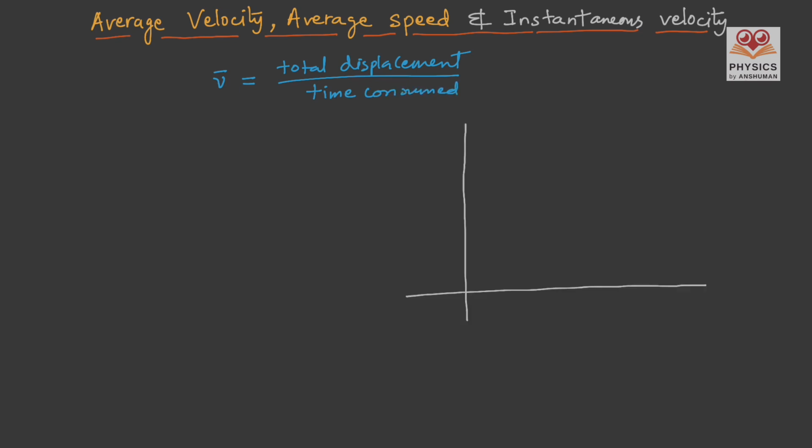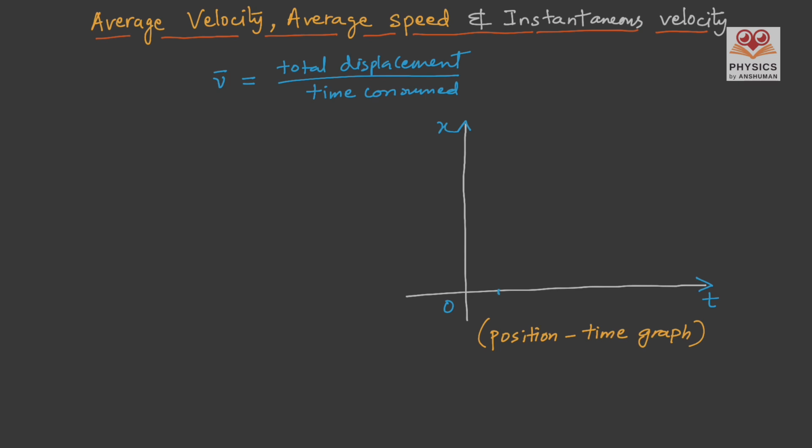Let us learn this through a position time graph. Here, the y-axis tells about the position and the x-axis tells about the time. Now let's attach a scale to the frame.